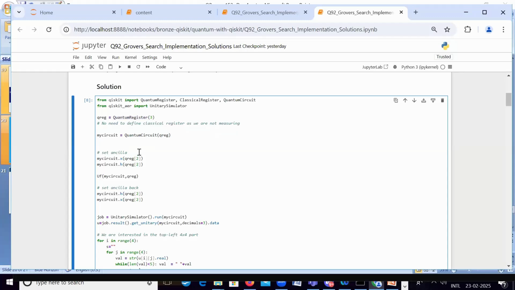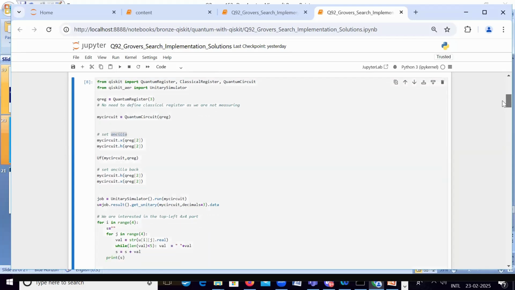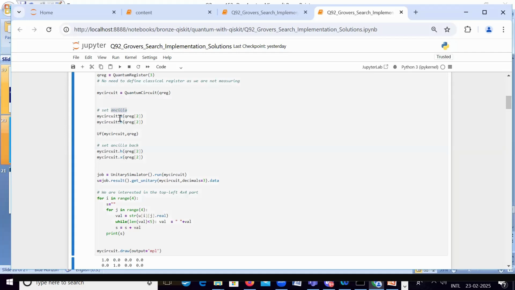Next is performing operations for the ancilla: X and H gates on the last qubit, the third qubit, and then the function UF. Instead of the circuit, it is taking the quantum register, again sending back that one as given above.